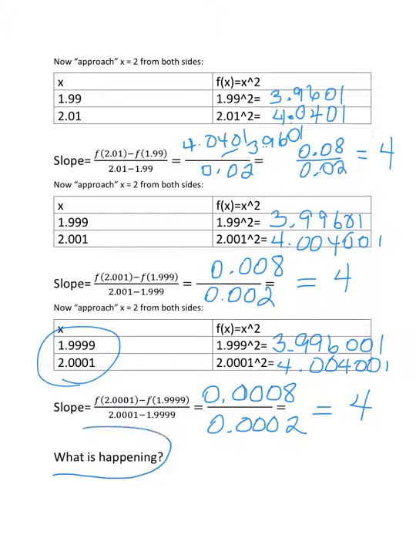So here's the question. What is happening here? Well, there's a couple of things happening. We are letting x approach 2 from the negative, and we're letting x approach 2 from the positive.